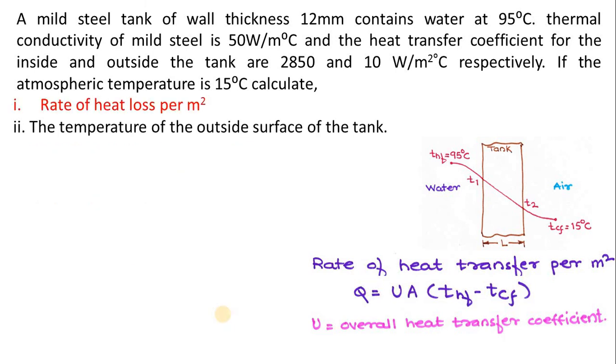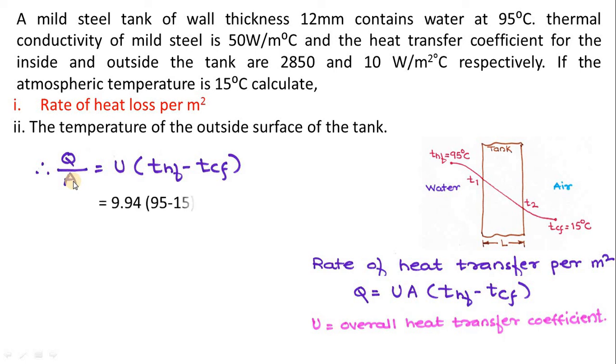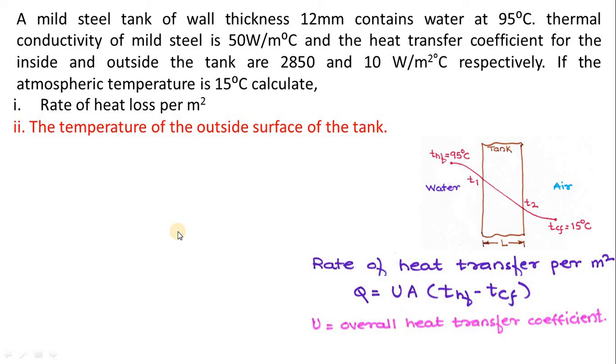Q is equal to U into the bracket of this one. Simply while rewriting this equation, one change is there, Q upon A: A is on the right side, take it to the left hand side. So 9.94 into the temperature difference, you will get 795.2. Now tell me the unit. Yes, watt per meter square, the rate of heat loss per meter square. So this will be Q upon A.